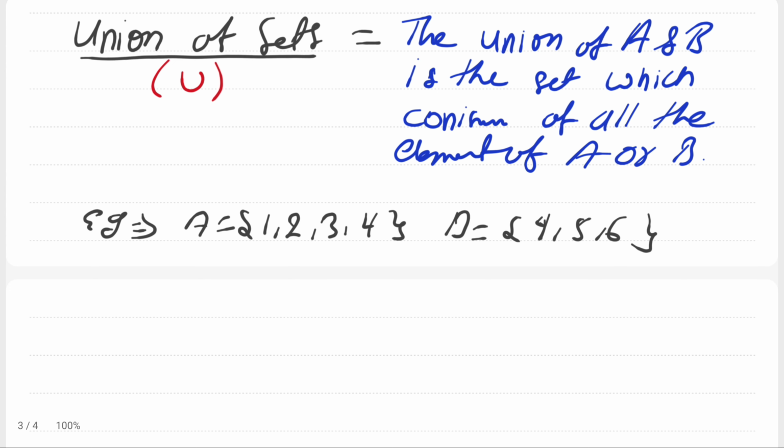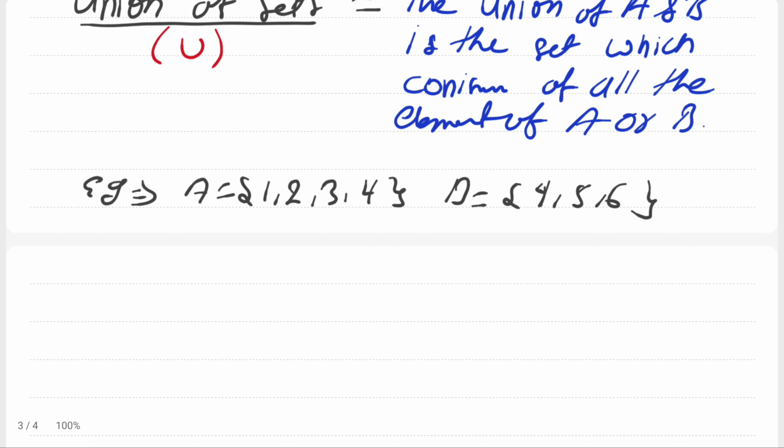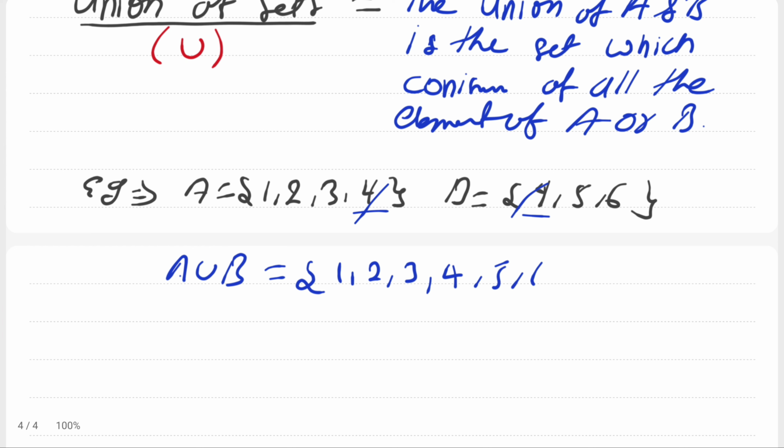The union A U B contains all the elements of both: 1, 2, 3, 4. 4 appears two times, but don't write it two times, only one time. Then 5 and 6. It contains all the elements. You might get confused with the universal set, so don't worry. Universal sets are always different sets, but here it is the same.